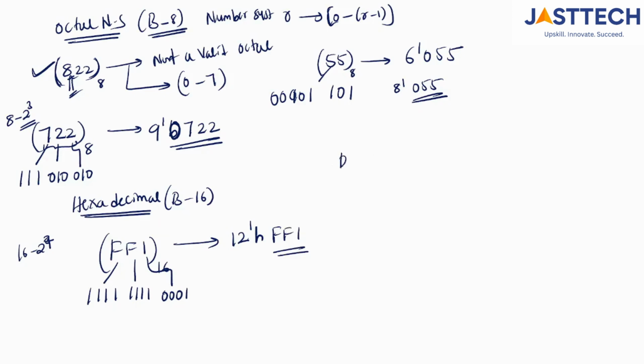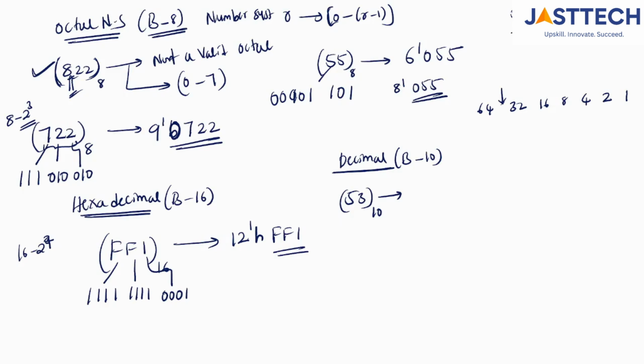Decimal, how are we representing decimal? Decimal has base 10. 53 to the base 10 means I need to convert it into binary. So we are listing 1, 2, 4, 8, 16, 32 and 64. The number lies between 64 and 32. 53 minus 32.